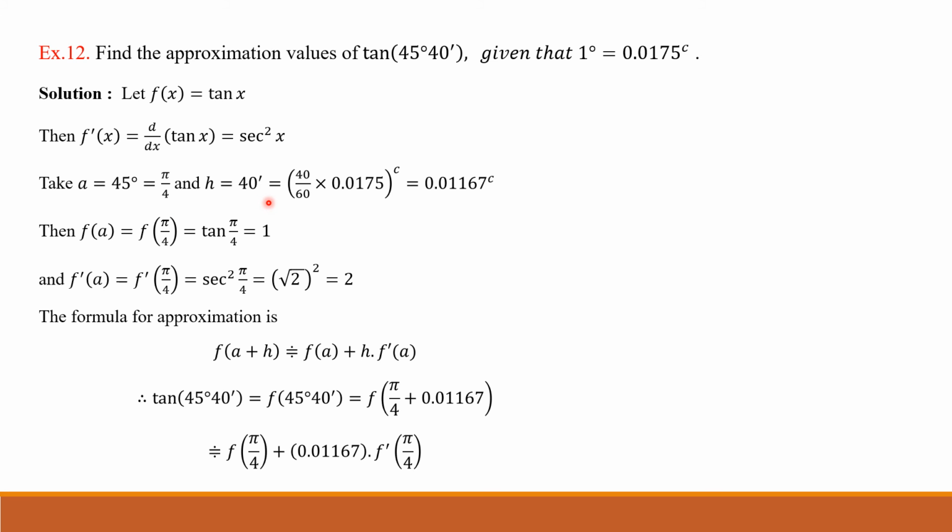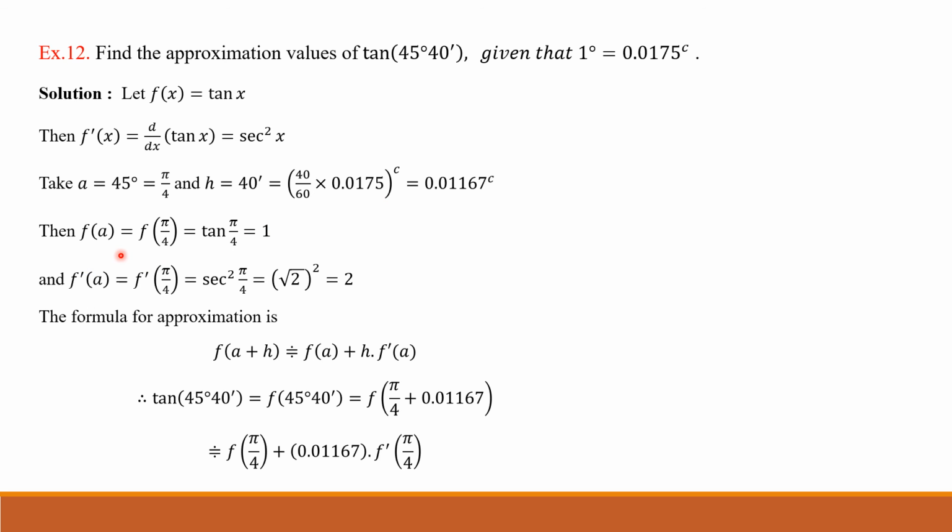H is 40 minutes. Convert into degrees, 40 divided by 60. Also we know that 1 degree equal to 0.0175 radian. Therefore, for conversion into radian multiply by 0.0175. Simplifying, we get 0.01167 radian.